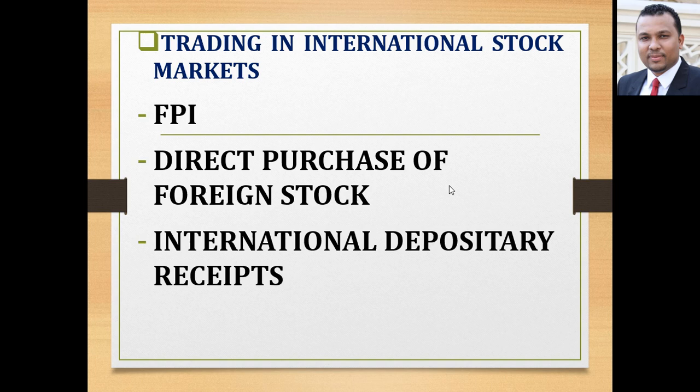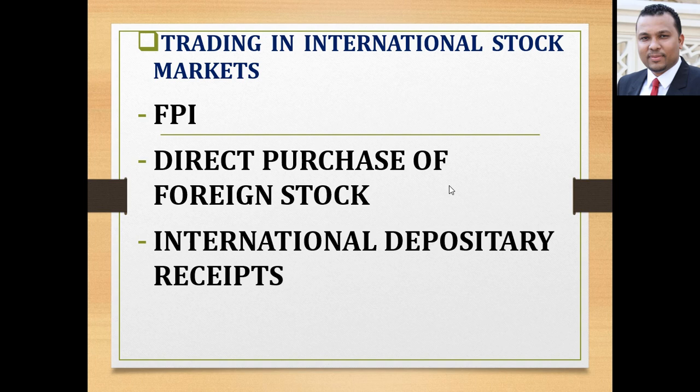An IDR traded in Egypt will represent stocks of non-Egyptian corporates. So, IDRs trade on the local stock exchange. They represent the stock of a company based outside of the home country.